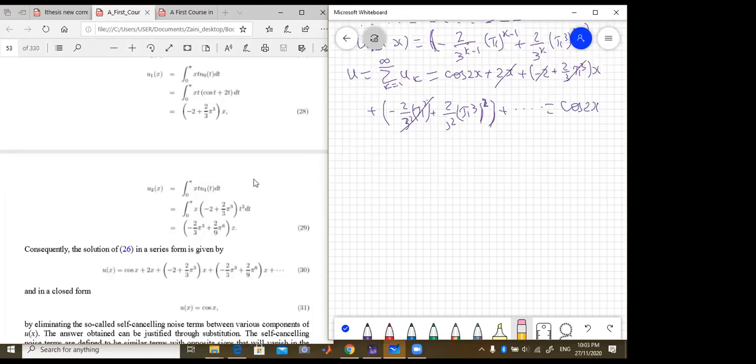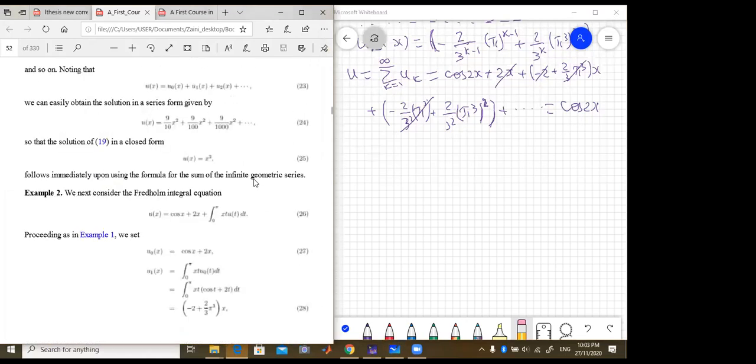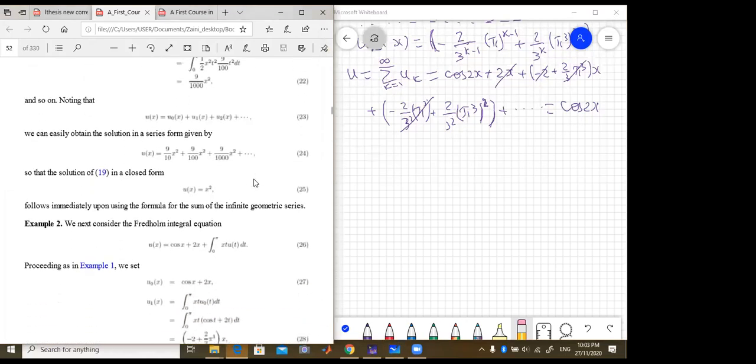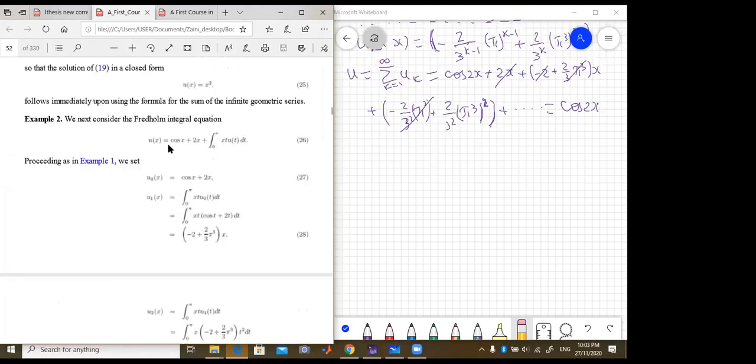You can just substitute on the left side and the right side of the equation and check. You see cosine x cancels. 2x will be cancelled with the next integration problem. So it satisfies the equation. So we got the exact solution.